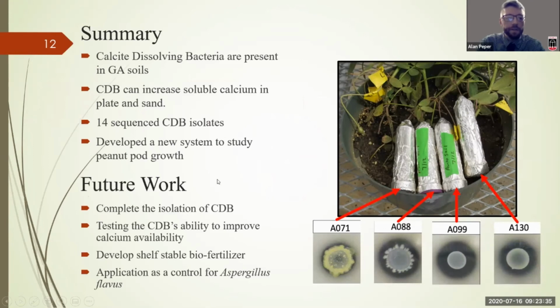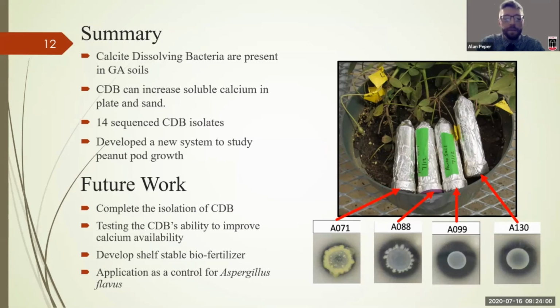In the future, I'd like to do more isolations of these bacteria and then test their ability to improve calcium availability. The end goal of all of this is to create a shelf-stable biofertilizer that can improve peanut health and soil health and reduce the need for farmers to apply gypsum to the field.